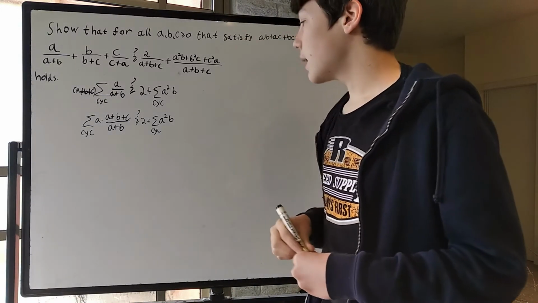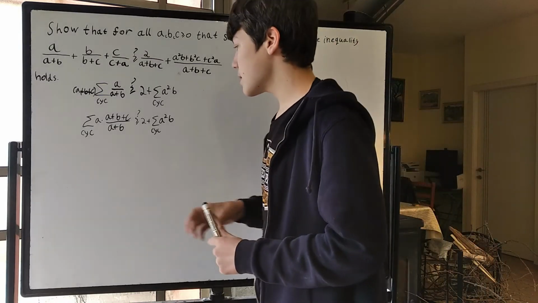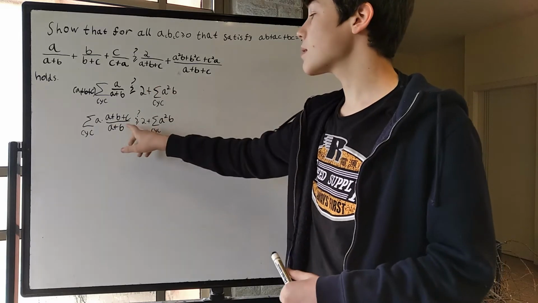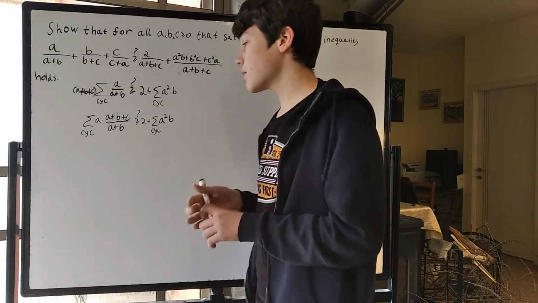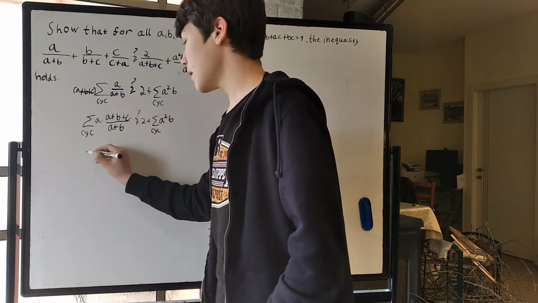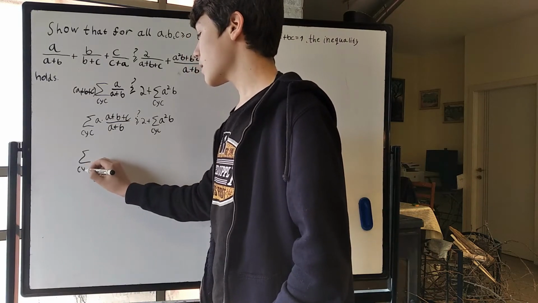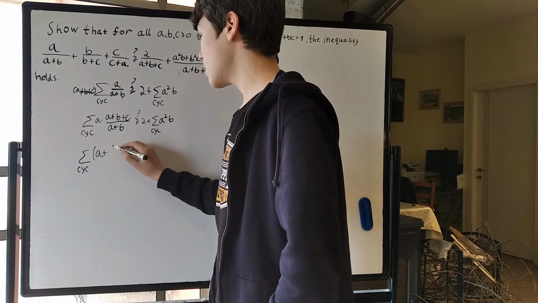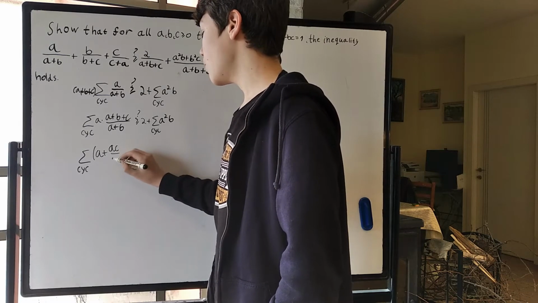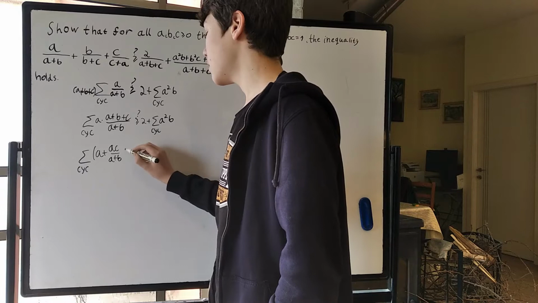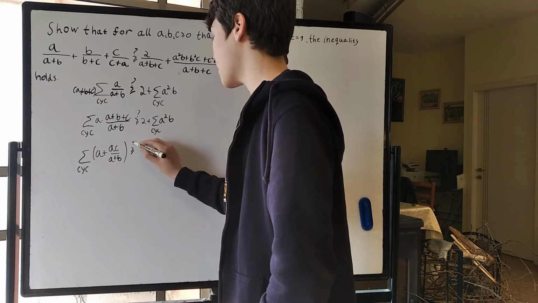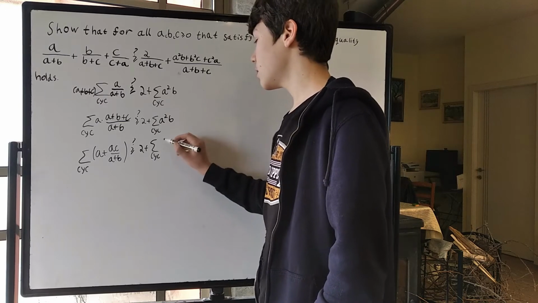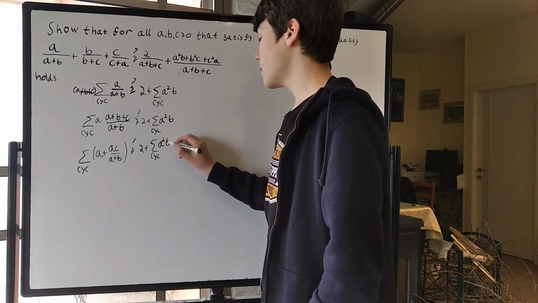So now I notice that we have A plus B over A plus B, which is 1, plus C over A plus B. This is this fraction, and so I can separate it like so. We have the cyclic sum of A plus AC over A plus B. And is that bigger than or equal to 2 plus the cyclic sum of A squared B?